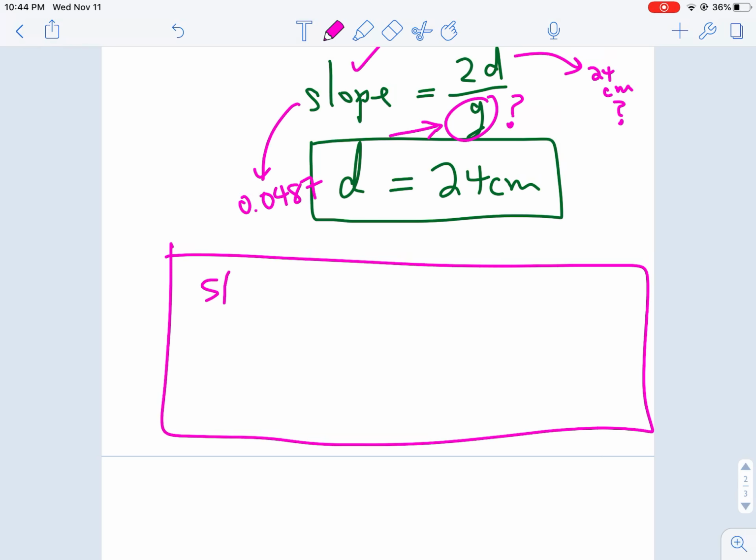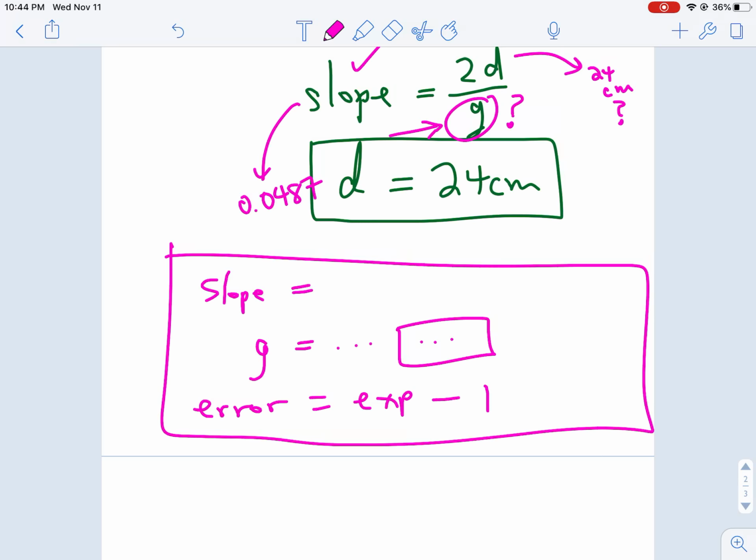So write down the value of your slope. Then you will calculate the value of g and include units. Then you will calculate the raw error, which is just the experimental minus the theoretical or the accepted value.